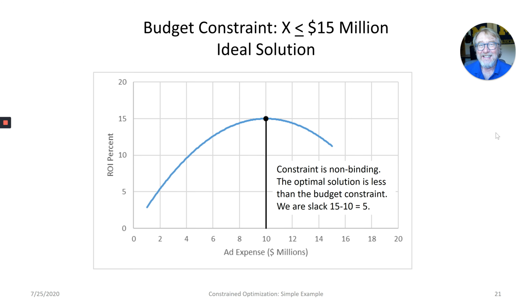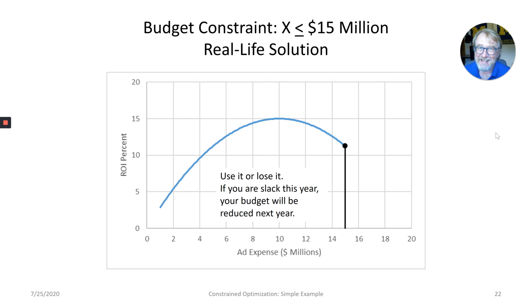Because if you don't spend it, the next year the CFO says, you only spent 10 million, so I'm only going to give you 10 million. Then you're going to start to feel cramped. It's going to cramp your style, and you say, I don't want my style cramped. I'm going to spend my entire $15 million budget. It won't be the best thing for the company, but it makes my life easier to have more money to spend than less money, right?